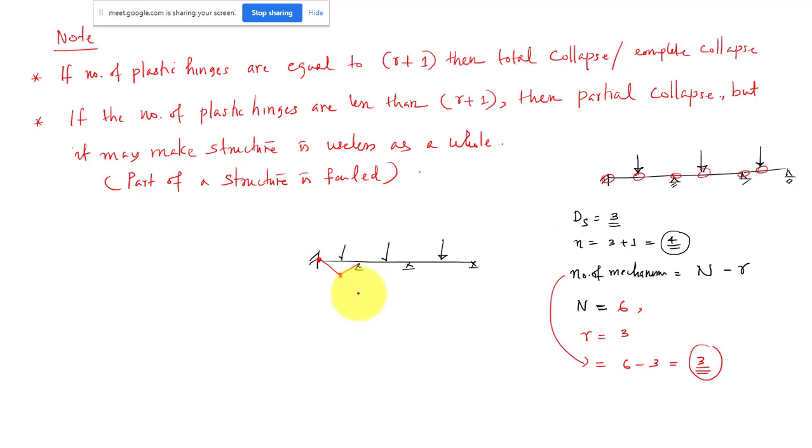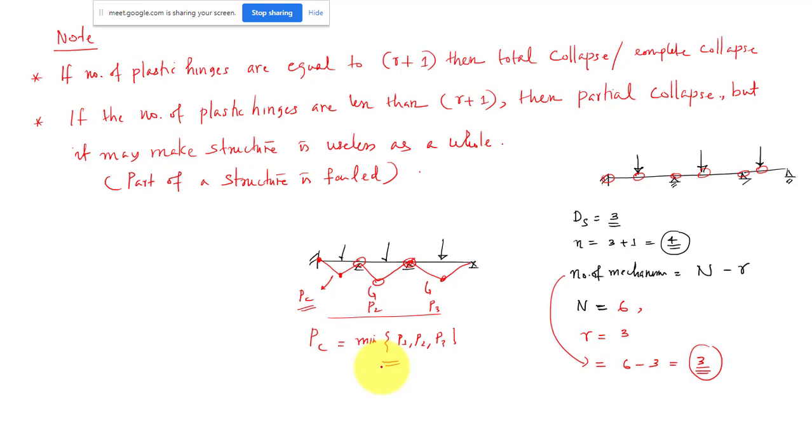Next, the second mechanism may be a beam mechanism in this span, and similarly, in this span also a beam mechanism is possible. Plastic hinges will form like this. We have to analyze these 3 mechanisms individually, and this will give one collapse load P1, another load P2, and another load P3. Finally, the collapse load for the structure will be the minimum value of P1, P2, and P3.